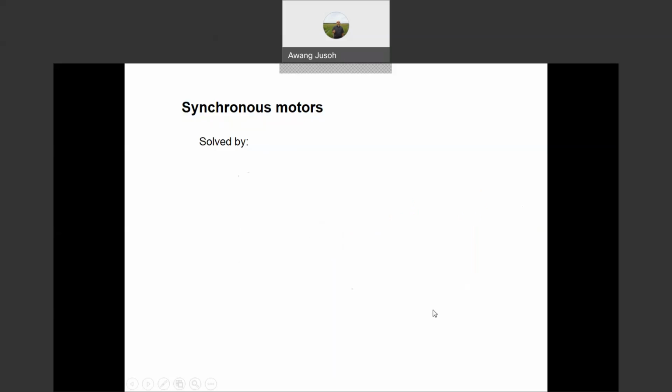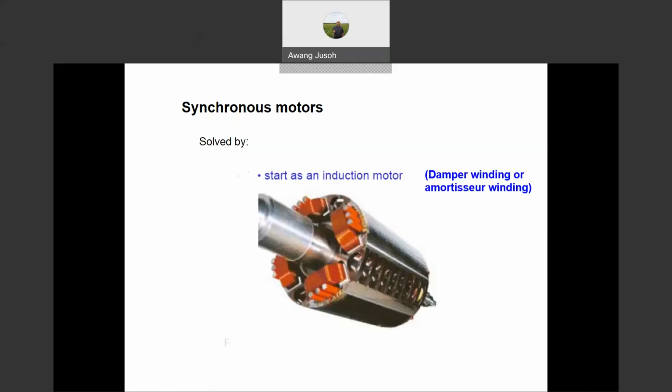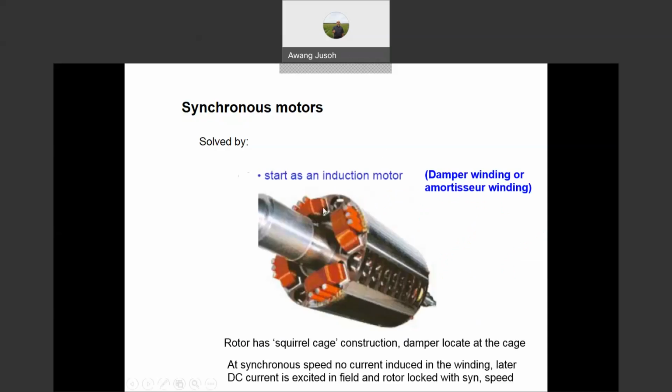Okay, the second method uses a special approach: we start the machine as an induction motor. That means the rotor speed will be very close to the synchronous speed. We know that in an induction motor the rotor speed is very close to the synchronous speed, but not the same. It's not clamped at all.